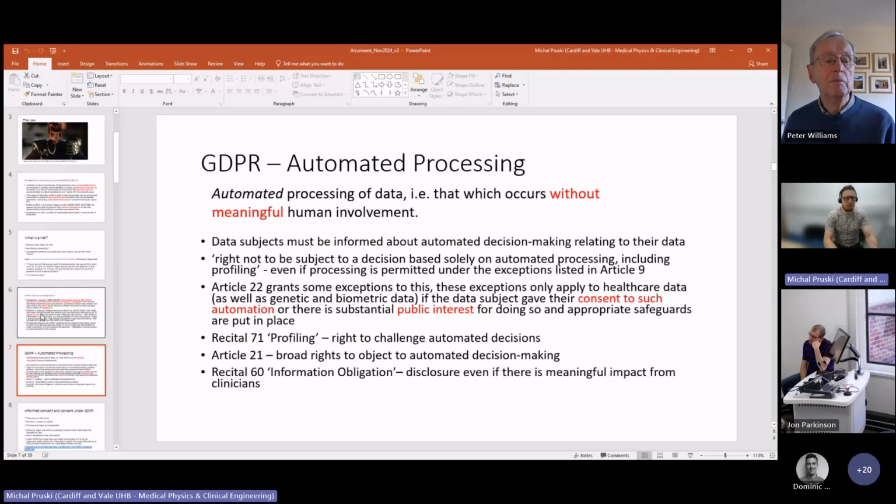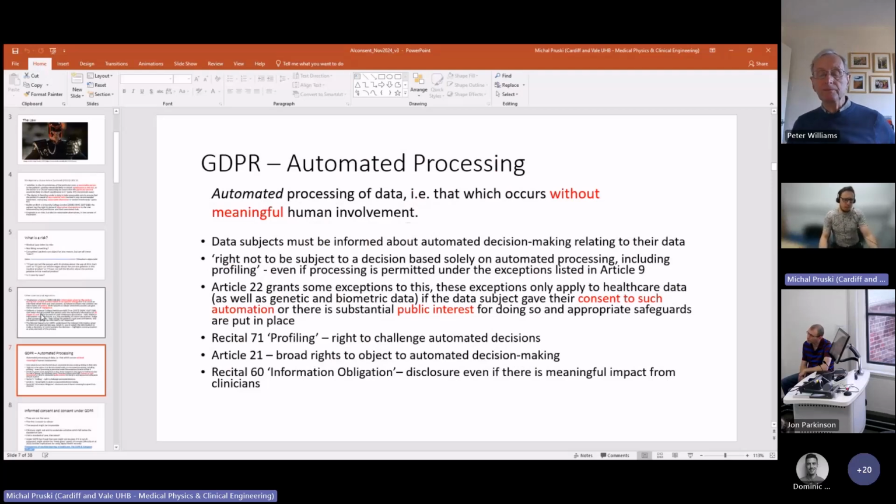So data subjects must be informed about automated decision making relating to their data. And there is, broadly speaking, a right not to be subject to decisions based solely on automated processing, including profiling, even when such automated decision making is permitted.